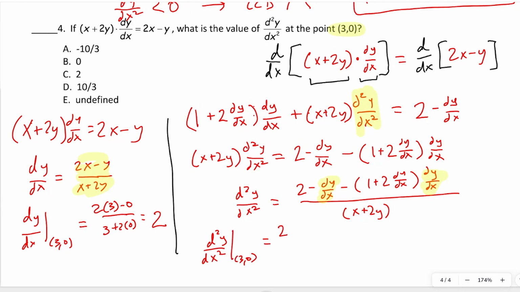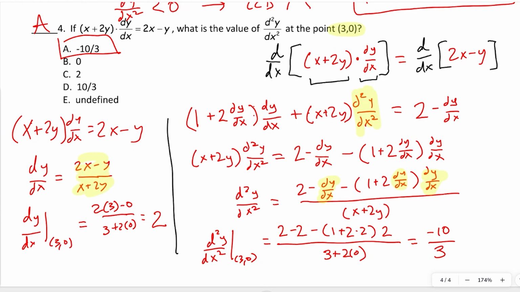So that's going to be 2 minus 2 minus (1 plus 2 times 2) times another 2, all over 3 plus 2 times 0. Okay, so let's see. We've got 2 minus 2, so that's just going to be 0. And then negative (1 plus 4) is negative 5. So negative 5 times 2 is negative 10 over 3. And so our answer is A.